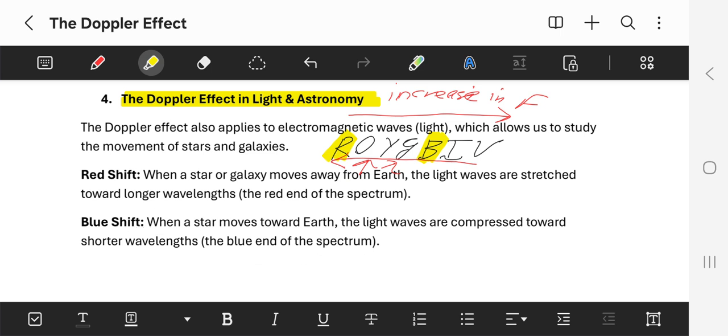Okay, and us moving to the blue end of the spectrum means we are experiencing a blue shift. So that's what the Doppler effect is in terms of light and astronomy. I hope you understand that part, guys.